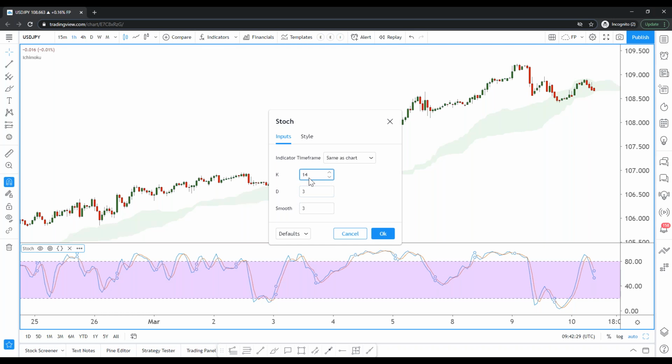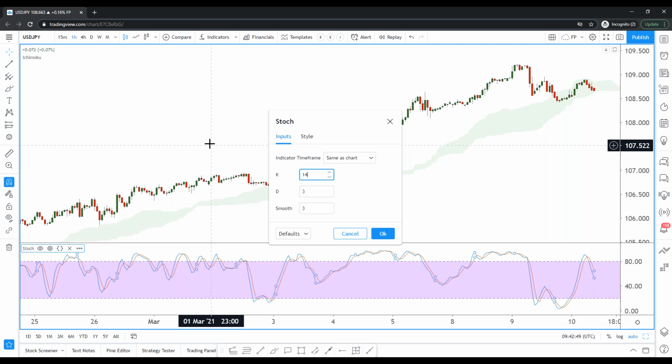For K, the typical range is 14. Sometimes I would use 21, 34, 55, or 89. The reason why I use these is because they are Fibonacci numbers. There are a few ways we can use this, but that is not the point right now.